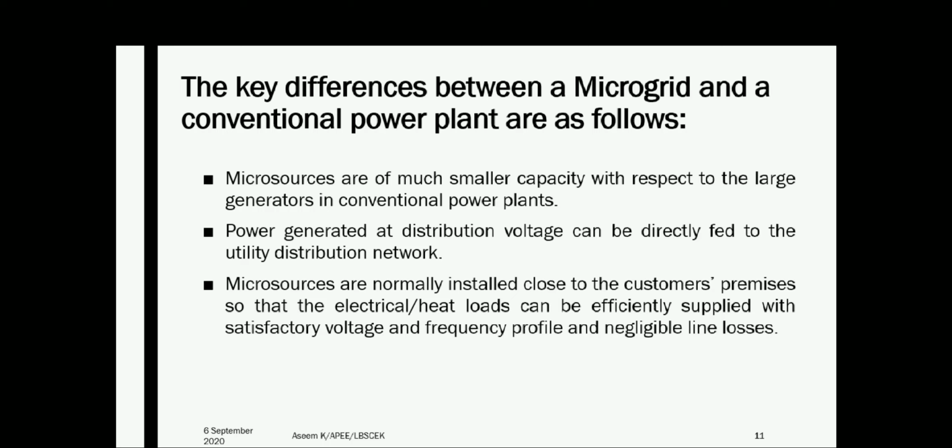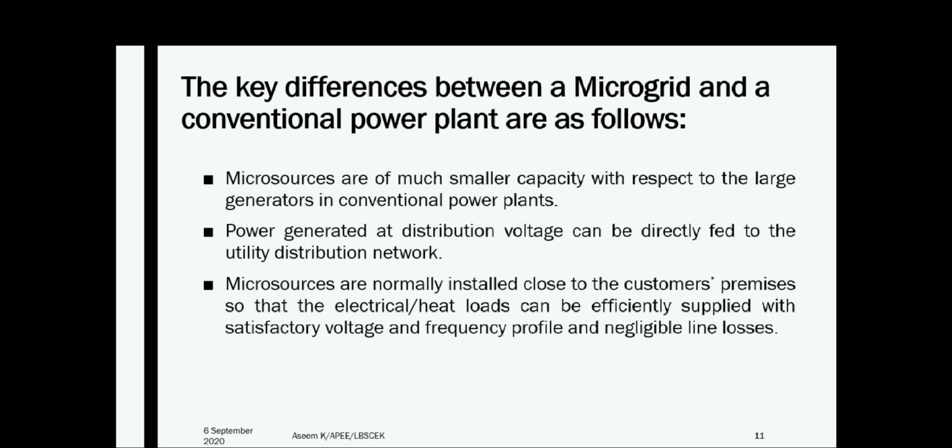Let's see some key differences between a microgrid and a conventional power plant. You can see that micro sources are of much smaller capacity with respect to the large generators in a conventional power plant, and the power generated at distribution voltage can be directly fed to the utility distribution network.